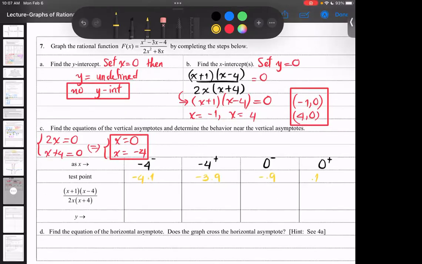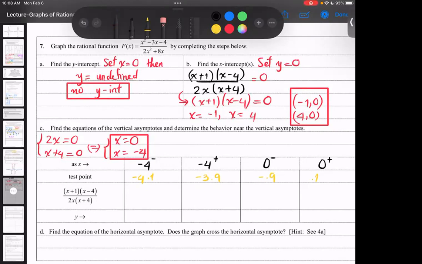And then you plug into, I recommend you use the factor one. It's easier. You can use the original one. There's nothing wrong with it. It's just harder. Plug in the yellow values to the function. So -4.1 plus 4 is negative, right? I don't care about the value. All I care is the sign.